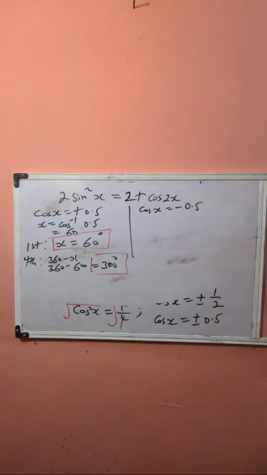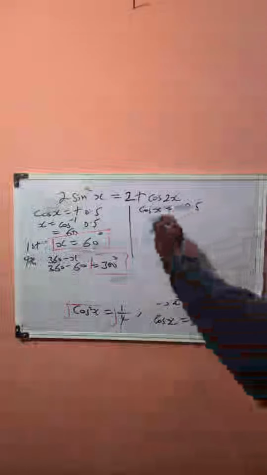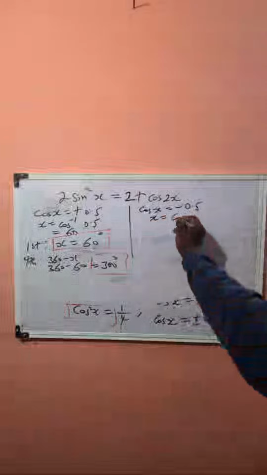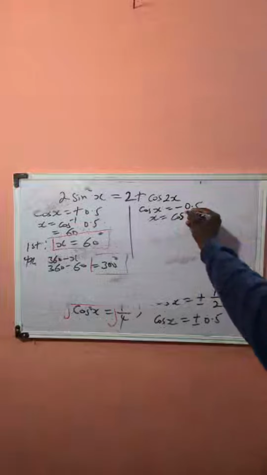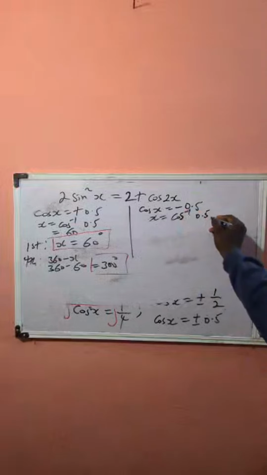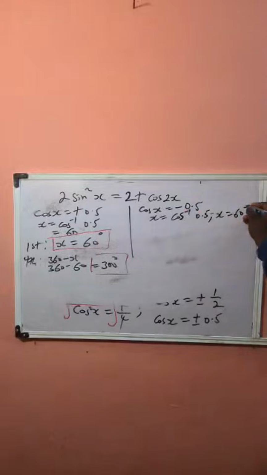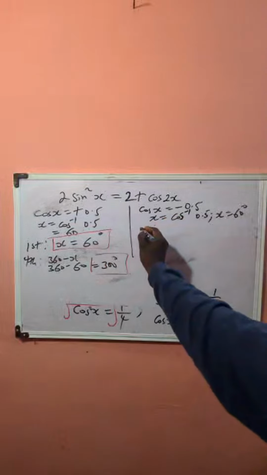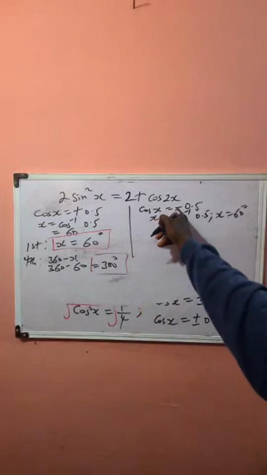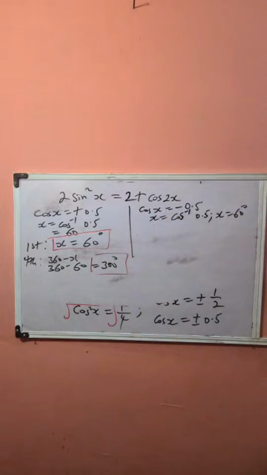Now, solving for the other hand, in this case, we'll also still find x equals arc cos 0.5. Arc cos 0.5 will be x being 60 degrees. And for us to find our final answer, we ask ourselves, where is cos negative?